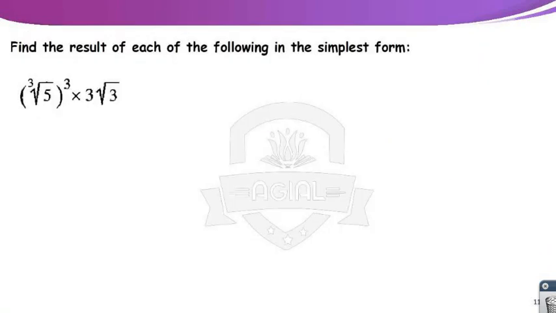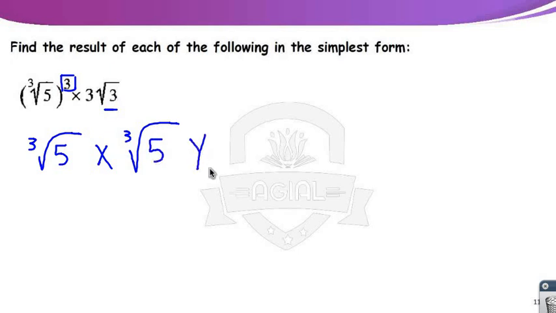Find the result of each of the following in the simplest form. We have the cube root of 5 to the power of 3 by 3 square root of 3. So here we have cube root of 5 multiply cube root of 5 multiply cube root of 5 by 3 square root of 3.